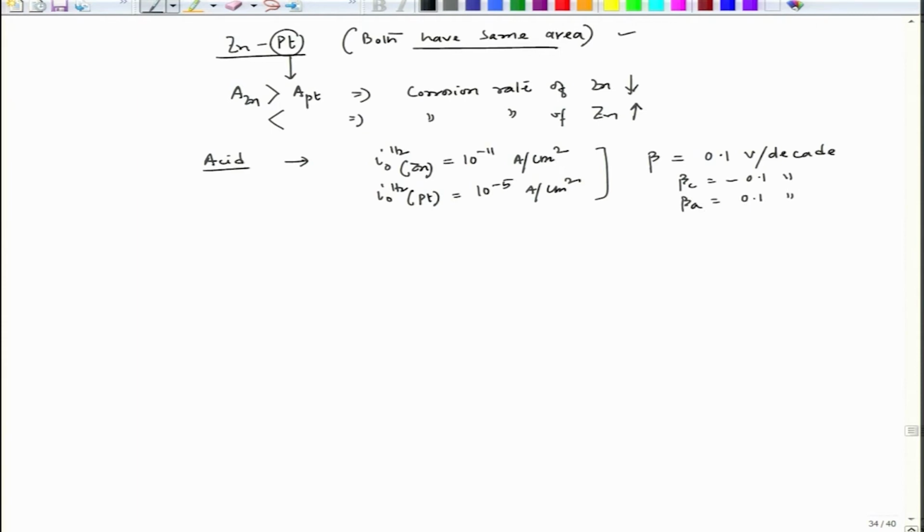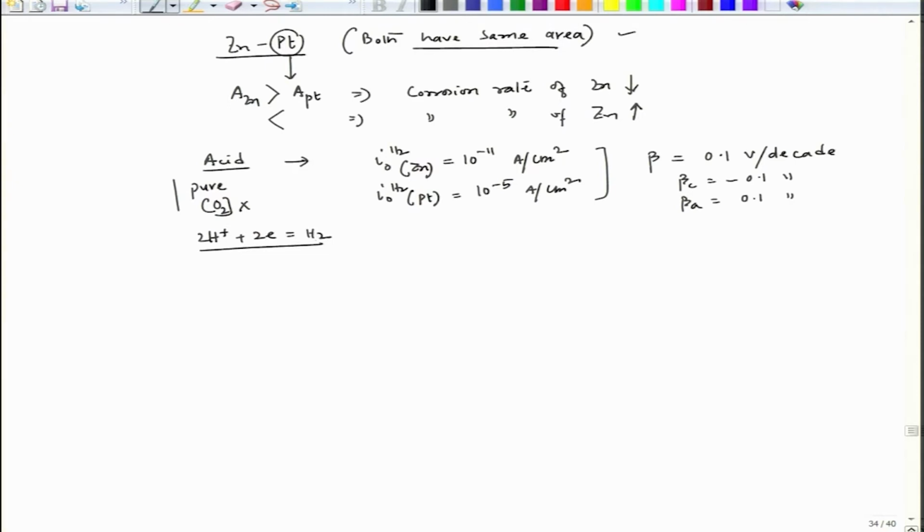These values are similar in all the reactions that are possible, and this acid is pure, with no dissolved oxygen. So in that case only one cathodic reaction is possible, which is H plus plus 2e equals H2.